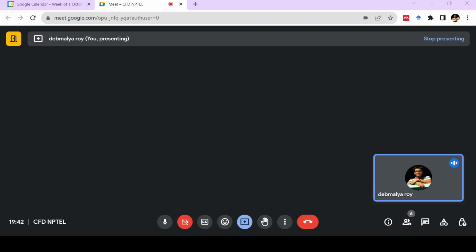Hmm. Okay. So, what are they denoting here? How is that related to the flux of this particular interface?